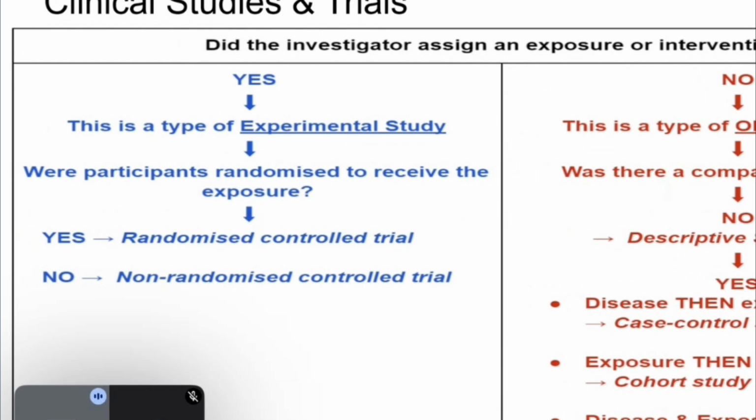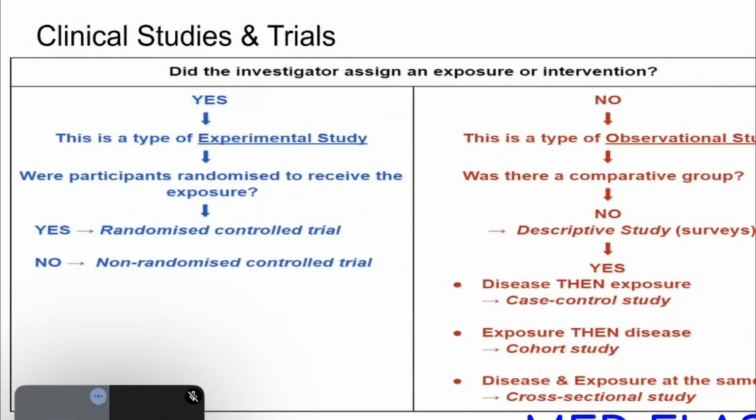For example, if you're conducting a study to study the efficacy of an oral contraceptive in reproductive age group women, you are a researcher and you have created a new oral contraceptive pill, and you want to study its efficacy in the reproductive age group females. So you are selecting all the females who are in the reproductive age group. So that is a non-randomized control trial, because you are selecting the study population who share a similar characteristic, which is being in the reproductive age group.